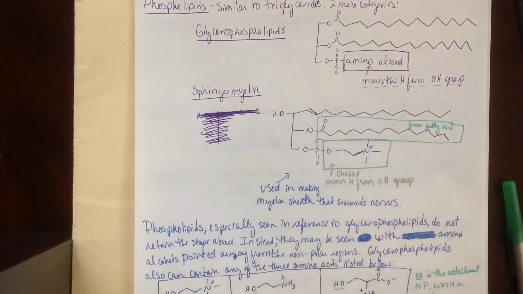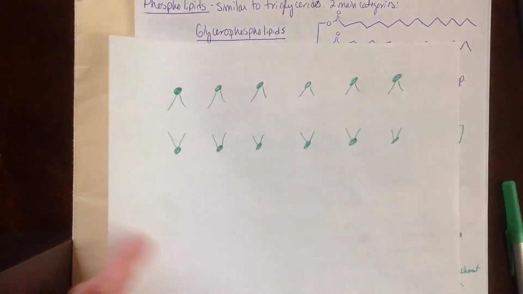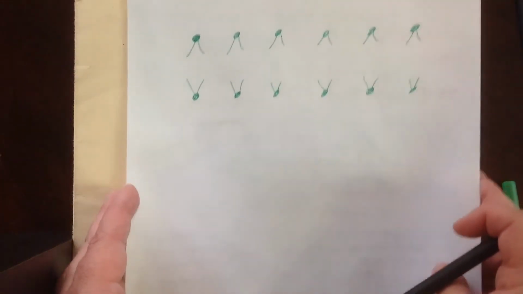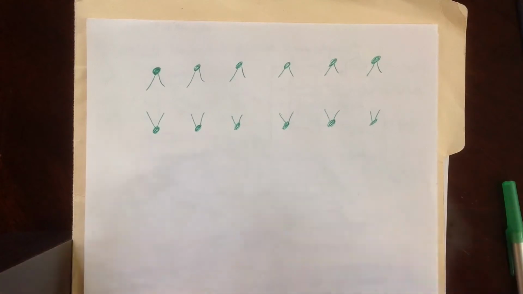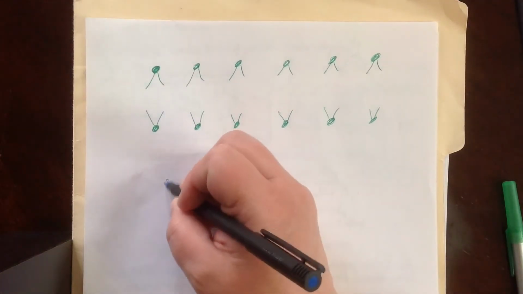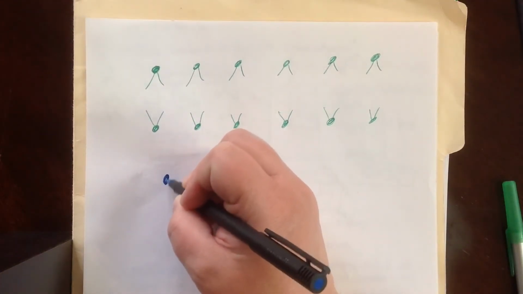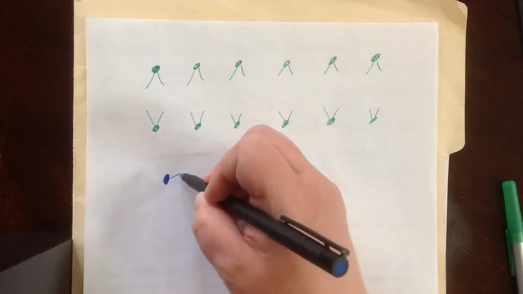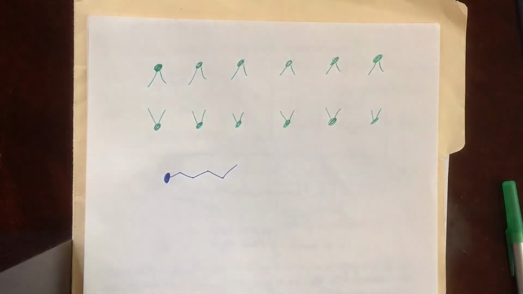Super cool. So how does that work with soap? Just to show you really quick. So let's say we now have a bilipid layer, and you throw in a whole bunch of soap. Well, you would see those as kind of like that, right?